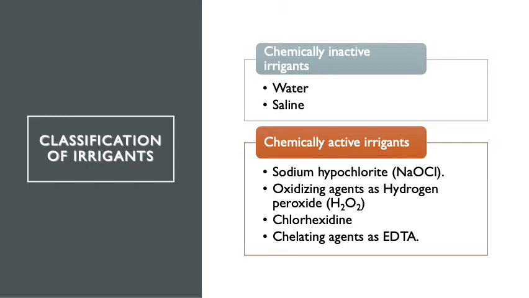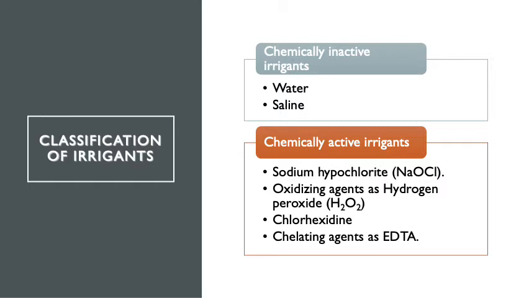They just flush the root canal and basically they just aid in lubrication. Then we have the chemically active irrigants, which are the sodium hypochlorite, the oxidizing agents such as hydrogen peroxide, chlorhexidine, and chelating agents.